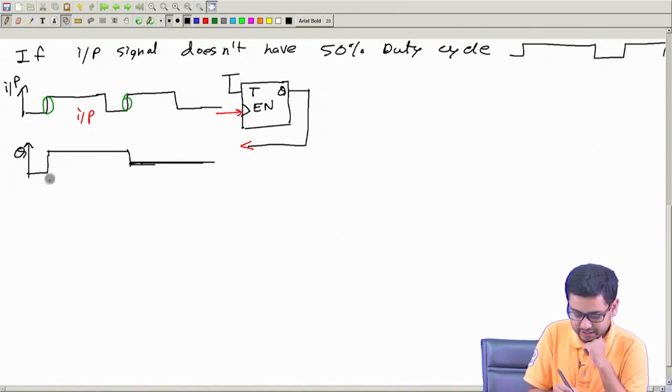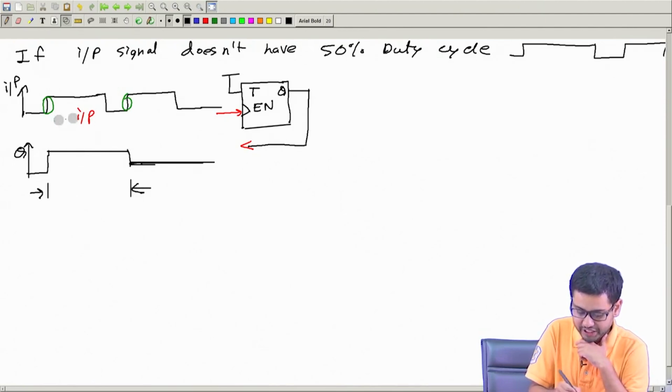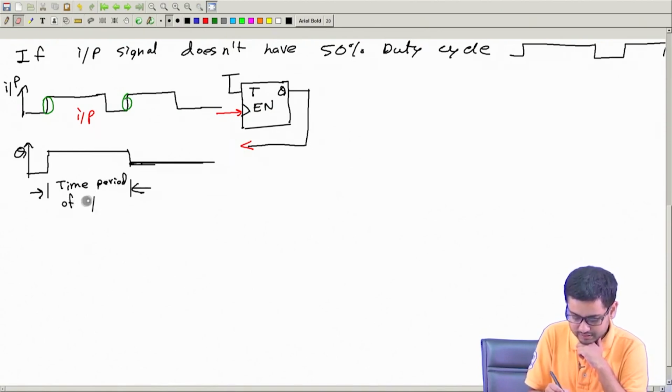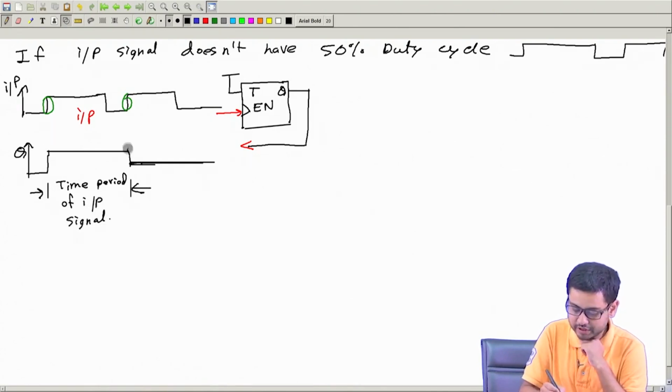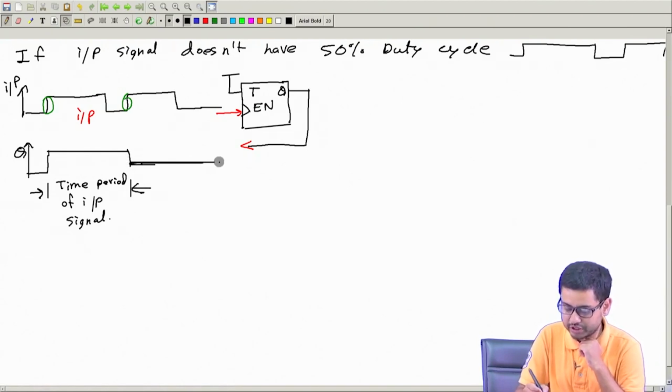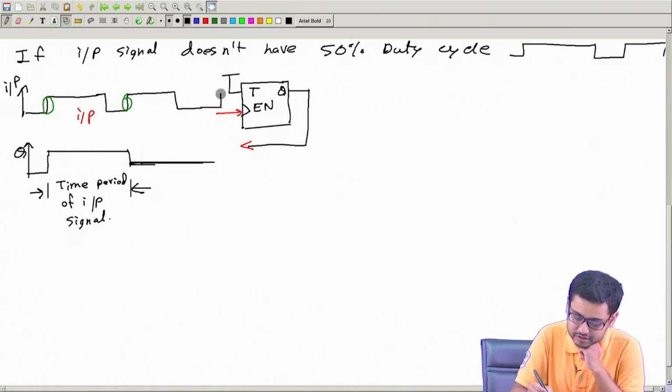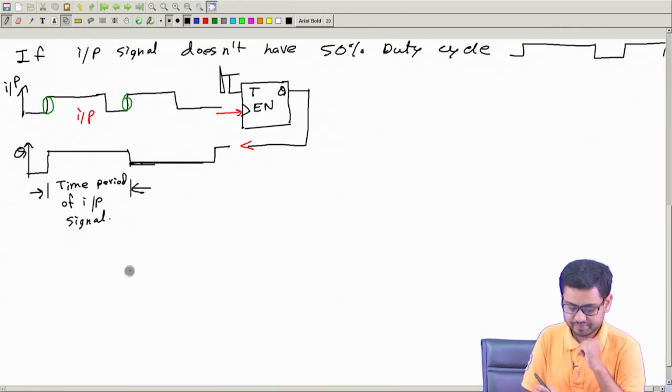Now you see the on time of Q is the same as the time period of the input signal. For one time period it will remain on, and for the next time period it will remain off.